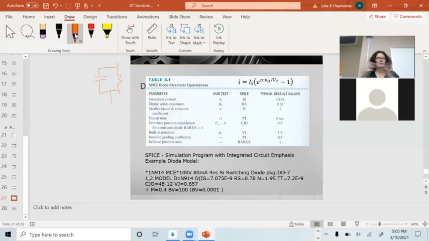We create this linear model of the diode that approximates its nonlinear behavior. And they put it all in a model file that gets attached to the diode, so every time they model the diode, it will be based upon this.